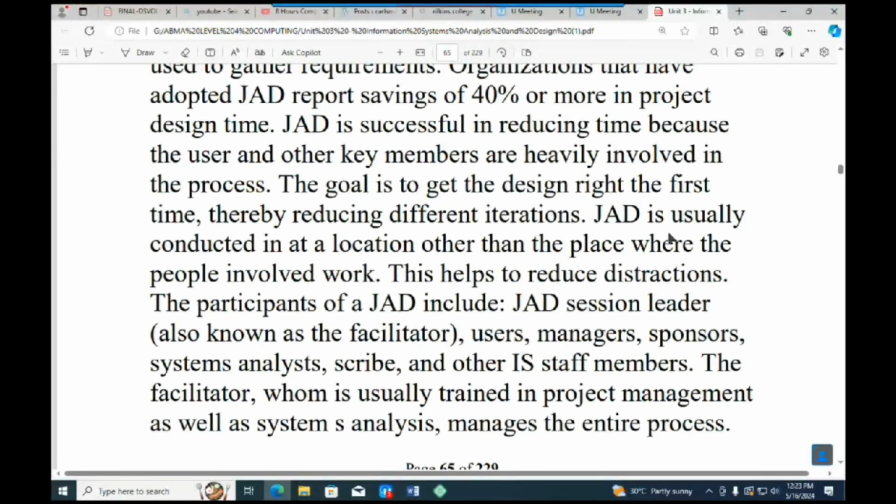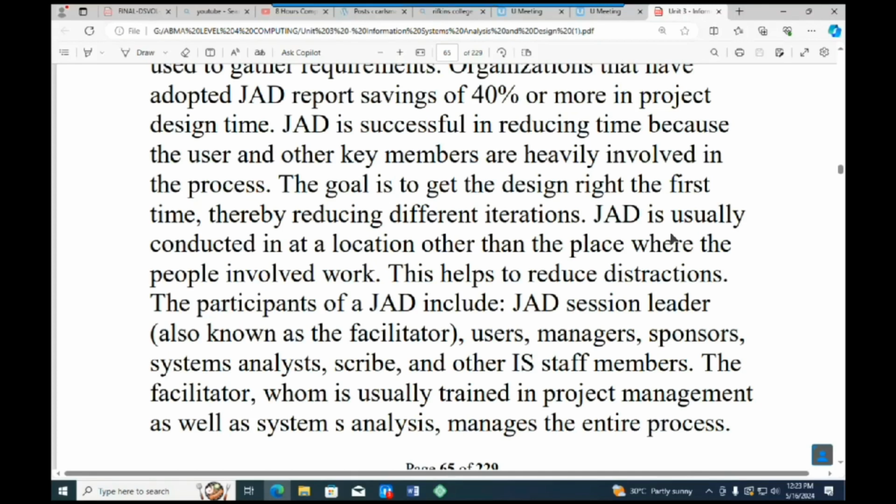This reduces the number of iterations. JAD is normally conducted at a location other than the place where the people involved work, and this helps to reduce distractions, as we have seen in observation, especially at peak hours.